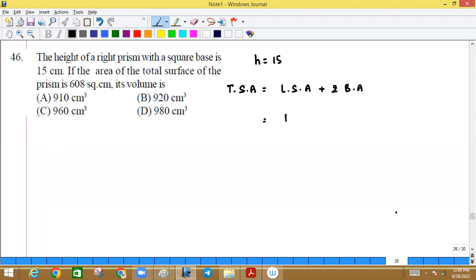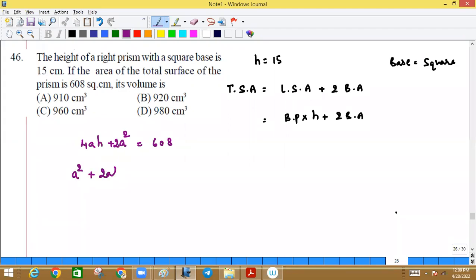Lateral surface area is base perimeter into height, plus 2 times base area. Now base is what? Base is a square. Therefore, base perimeter is 4a, so 4ah plus 2a square is equal to 608. A square plus 2ah is equal to 304, right?